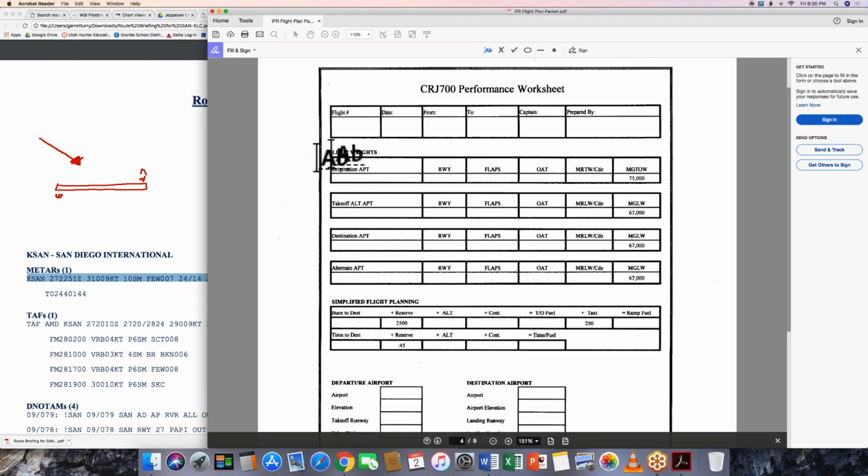So Origin Airport, let's fill this out. Flight number 1. Yep. Flight number 1. The date 3/2/18. We're going from KSAN to KSLC.